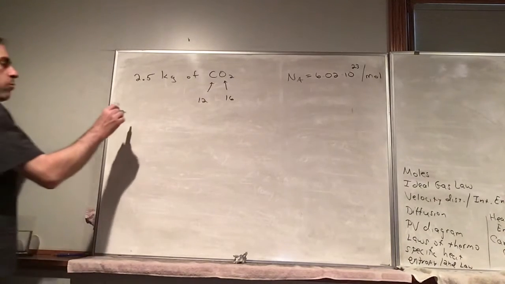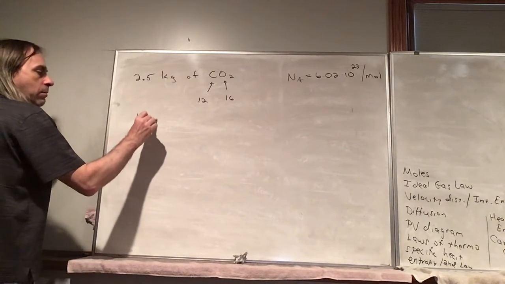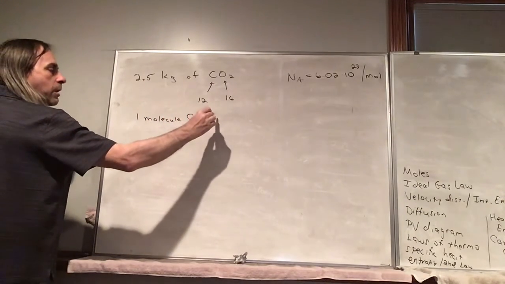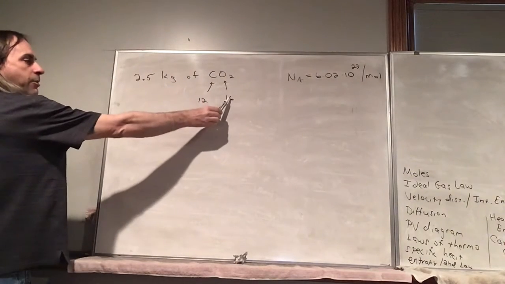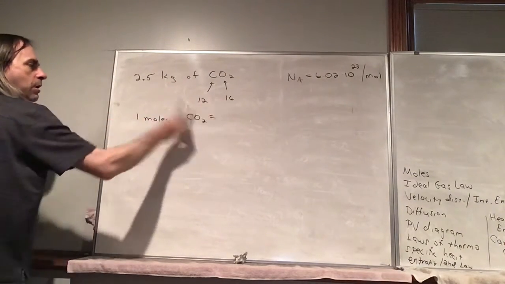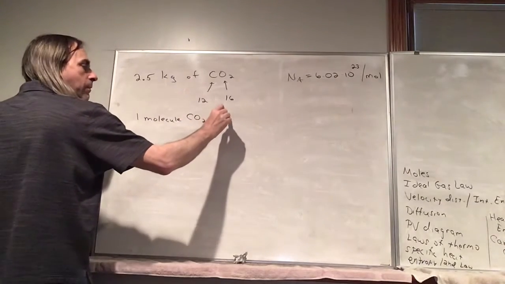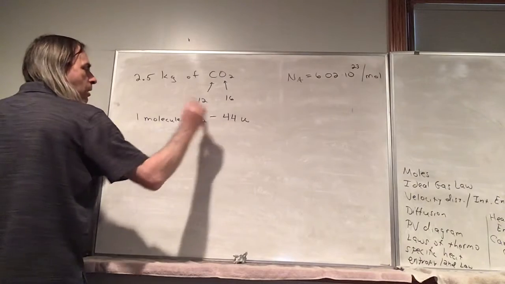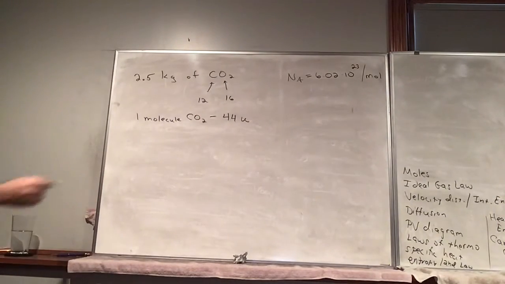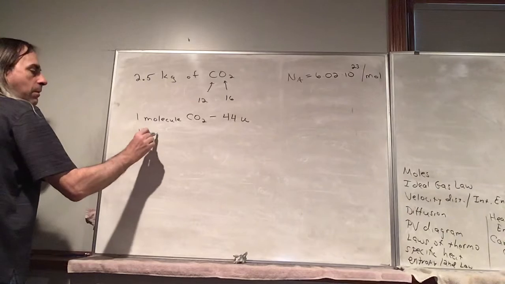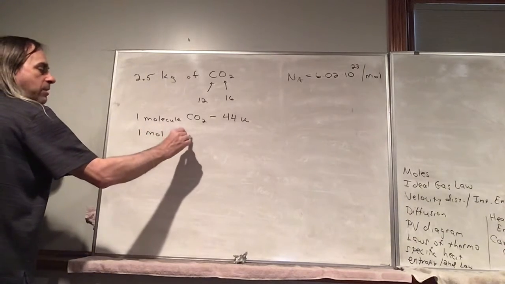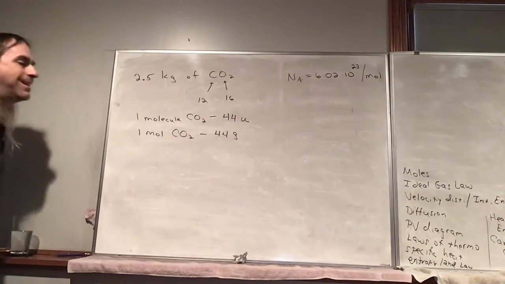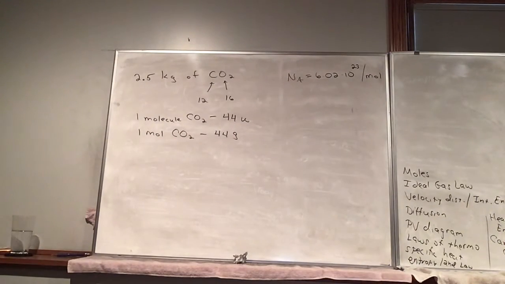So we can say that one molecule of CO2 has a mass, there's two oxygens, so it'd be 32 plus 12. So one molecule of carbon dioxide has a mass of 44 atomic mass units, which means 1 mole of CO2 has a mass of 44 grams.